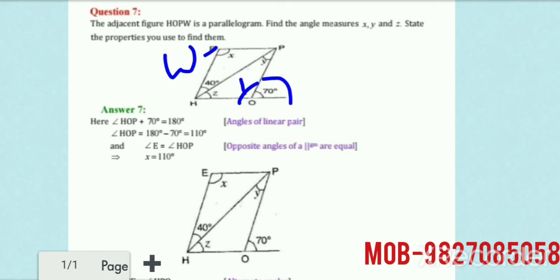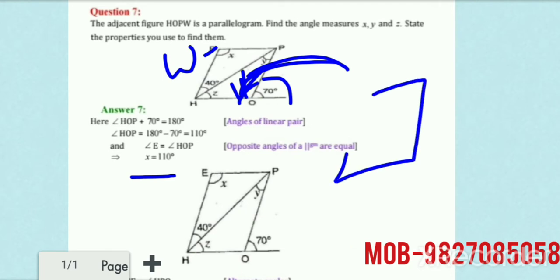So we easily get this angle. So this is 110, but this angle is equal to this angle because they are angles of a parallelogram. So x is also 110.